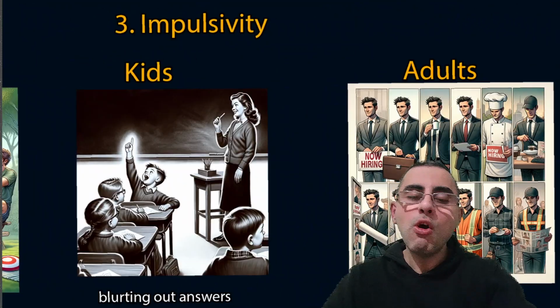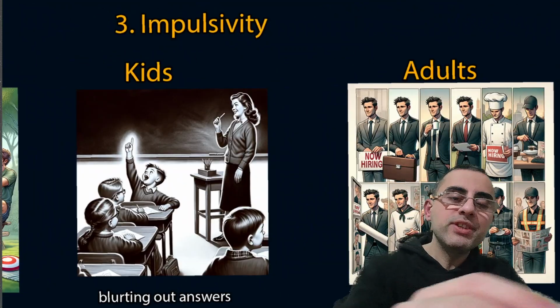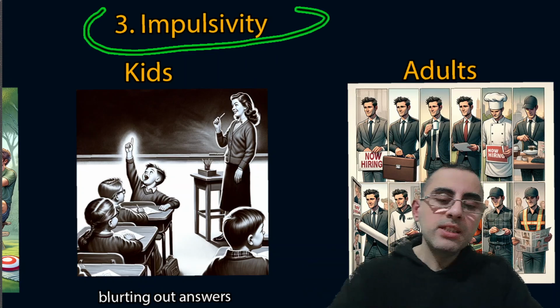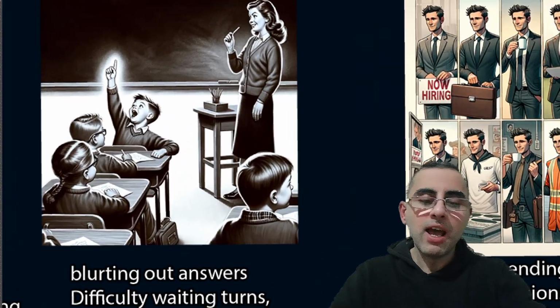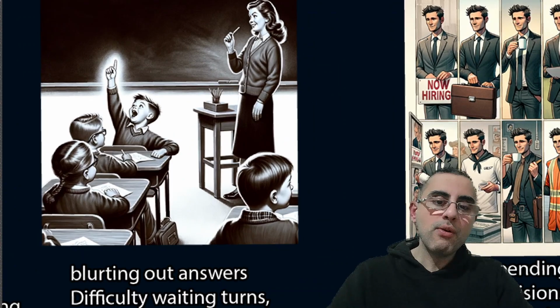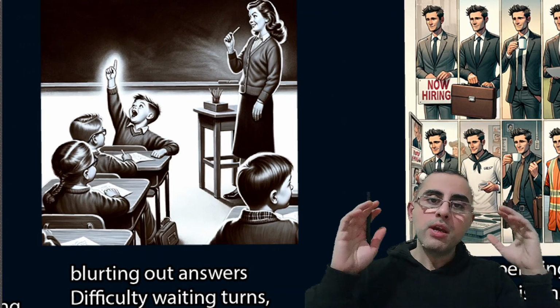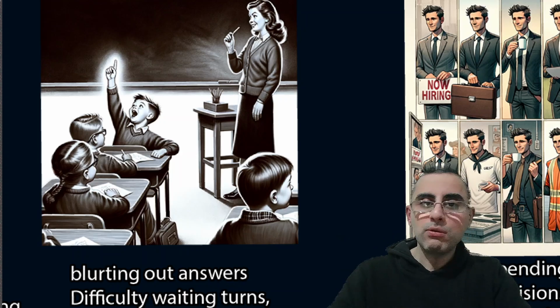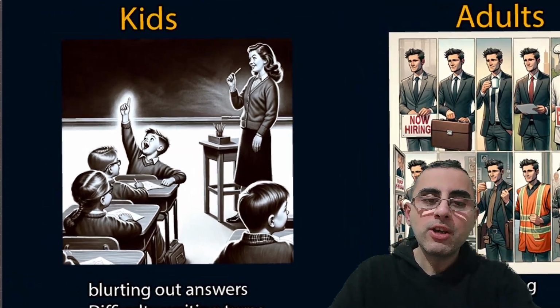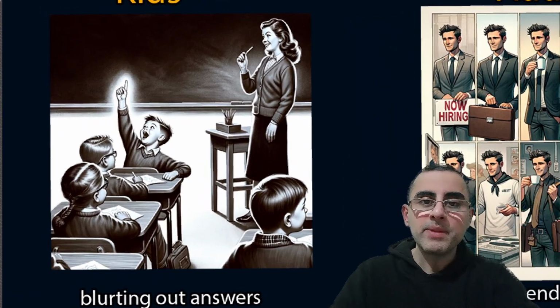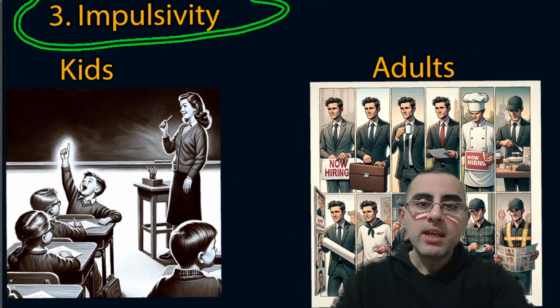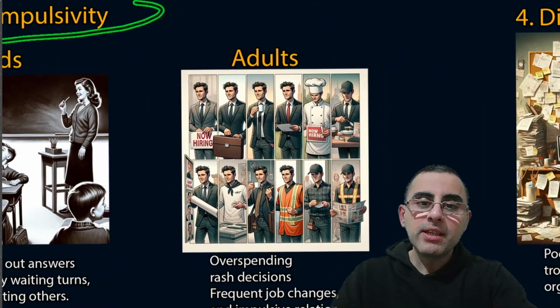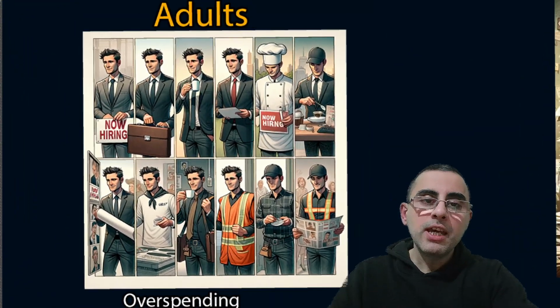The third most common symptom is impulsivity. What is impulsivity in kids? For example, they blurt out answers before others, and even before you complete your question, they are already answering it. They interrupt you when you're talking and start speaking. Interrupting is important also. What is impulsivity in adults?